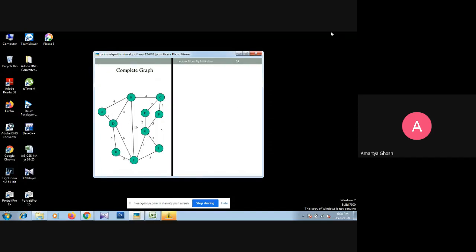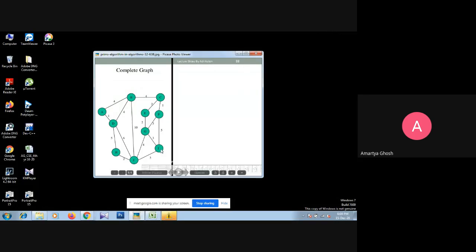For example, suppose this is a complete graph. You can all see that the given graph is a complete graph, and obviously that is not a spanning tree, because first of all the graph is closed, there is a cycle. Another rule is that the graph has more than n minus 1 edges.